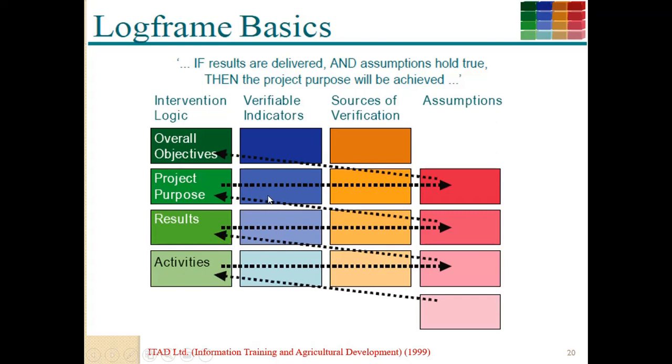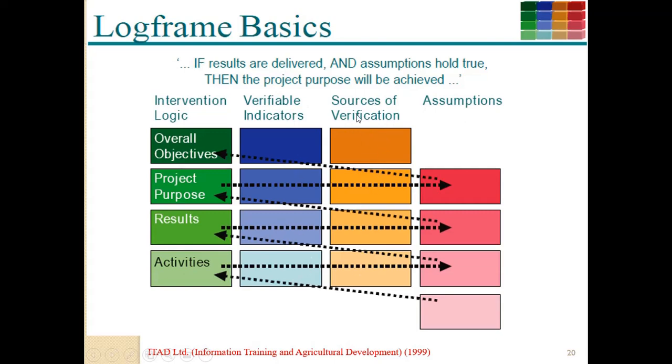Here you should be able to have indicators such as satisfaction with the boreholes, and maybe the number of people that are easily accessing such safe water. And here you should be able to have the number of boreholes that have been constructed, and so on. But then, of course, you need information to verify your indicators.